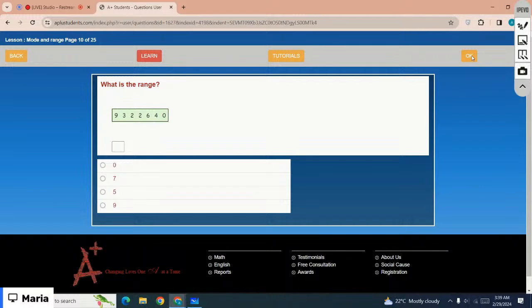So the range is 9. Yes, it is 9. Very good. Okay, you can complete the lesson by yourself later today.